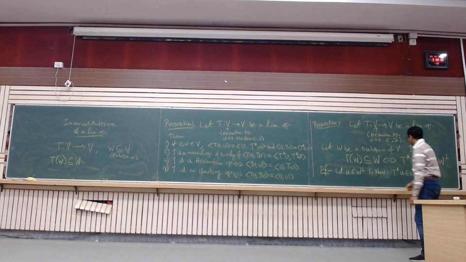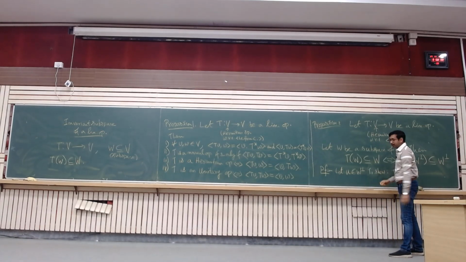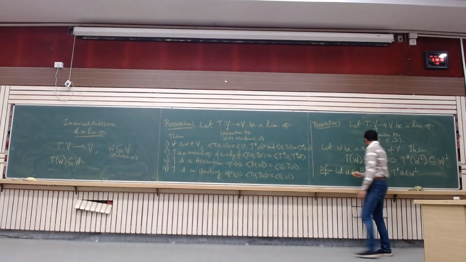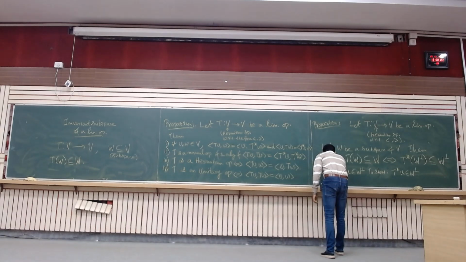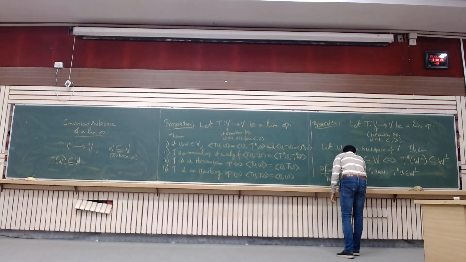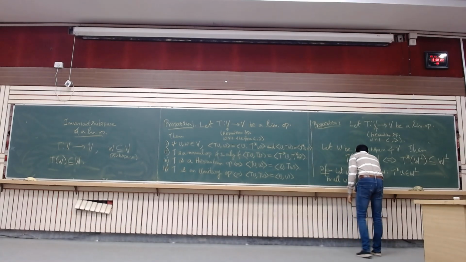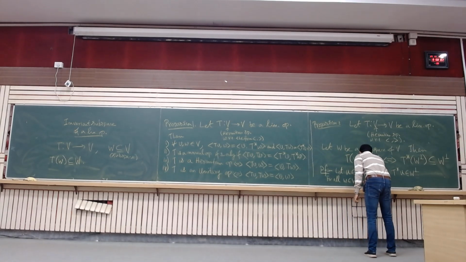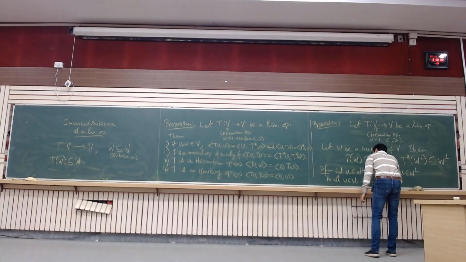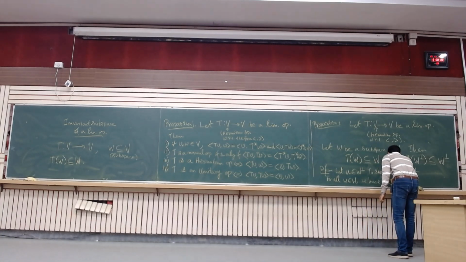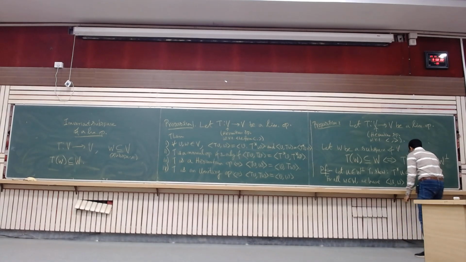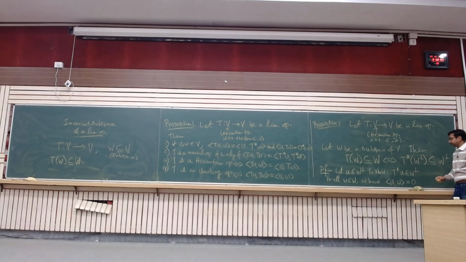Now this one is in W perp, that means it's orthogonal to every element of W, right? So for all W in W, we have the inner product of U and W equal to 0.